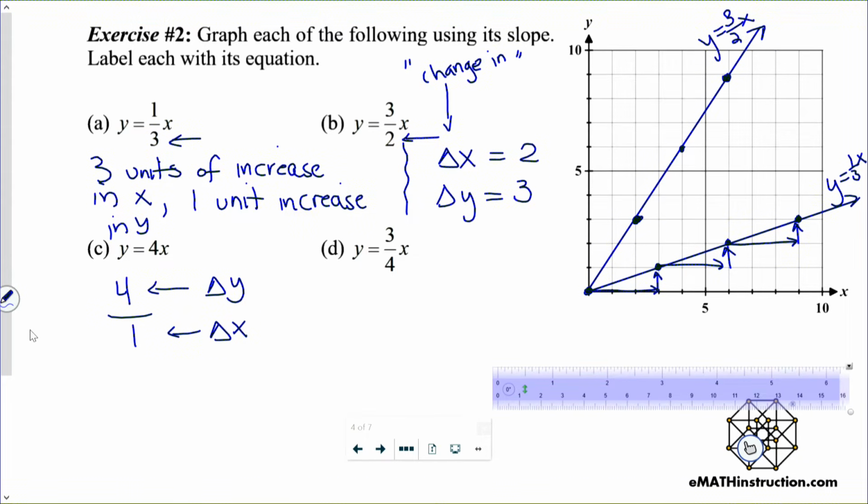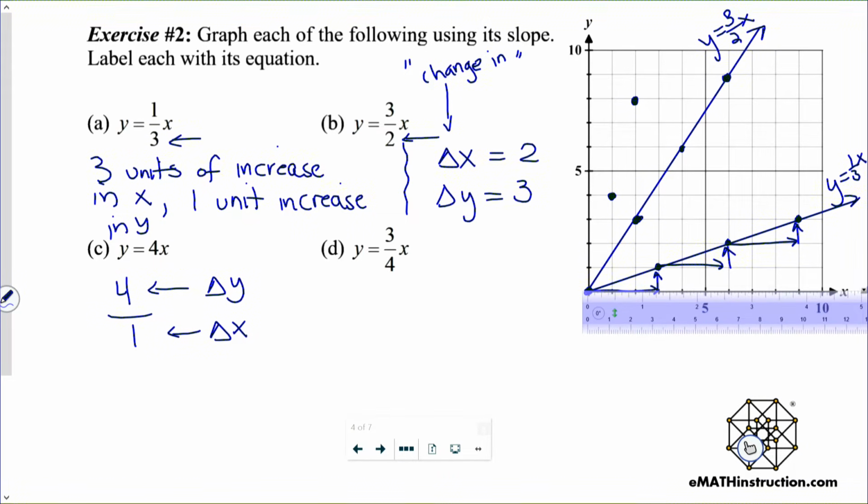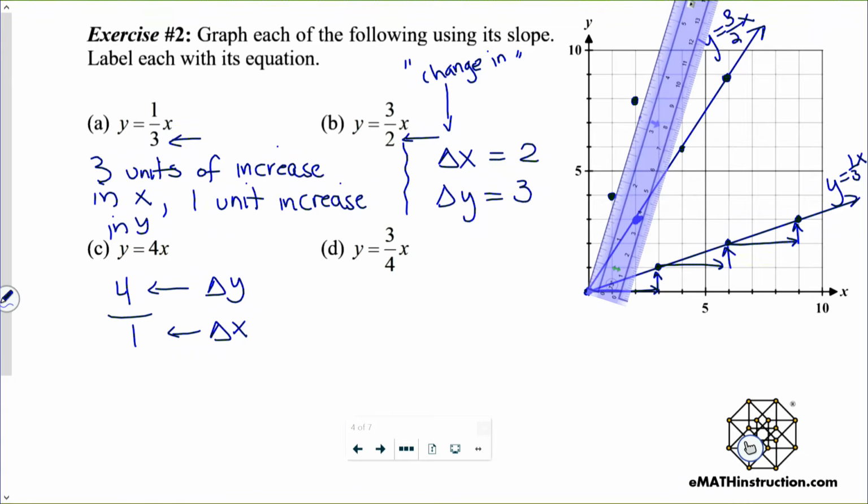This is going to be a very steep line. 1 unit to the right, 4 units up. 1 unit to the right, 4 units up. So the larger the slope, the larger the actual number, whether that number is 3/2, 1/3, 4, 3/4 in the last example, look at how steep that line is compared to the other ones.